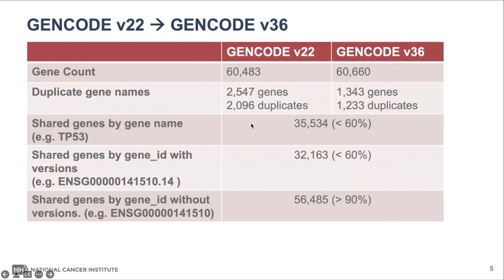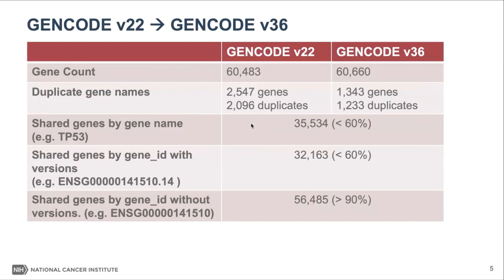So just to show a comparison of GENCODE version 22 and v36, you can see the gene count here is fairly similar. There are fewer duplicate gene names in GENCODE v36. And when you look at the shared genes across them, by gene names, around 60% are shared by gene name. Around the same amount are shared by gene ID when you include the version.